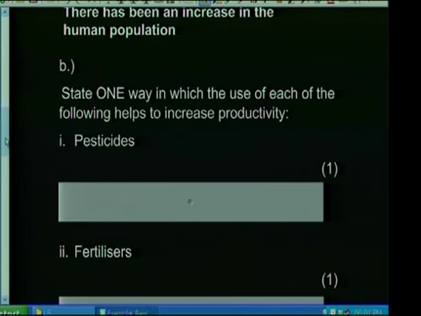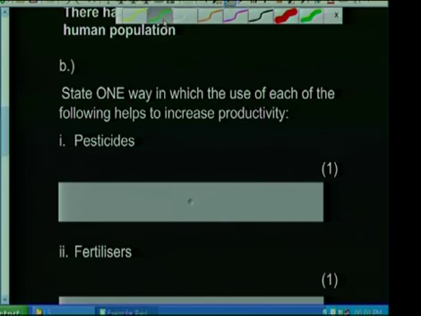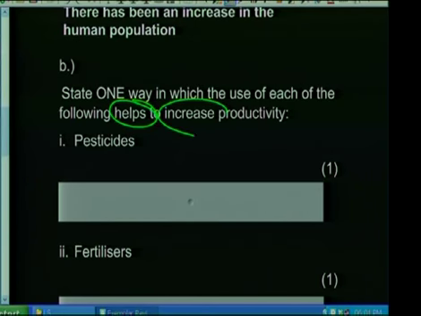State one way in which the use of each of the following helps. Now watch. Very important to read what it says. State one way in which the use of each helps to increase productivity. Sometimes people look at the word pesticides and you only see harm, and more harm. That's not what the question is asking you. Is it asking you, how does a pesticide help you to increase productivity?